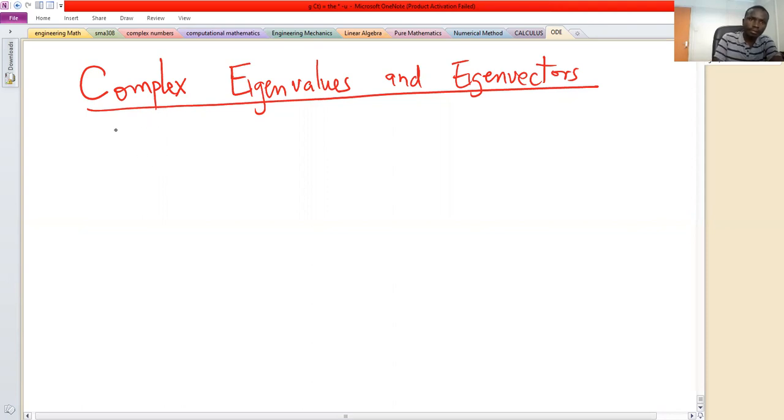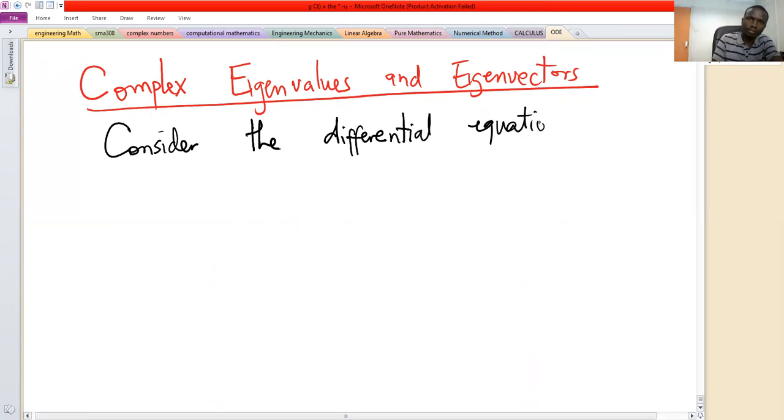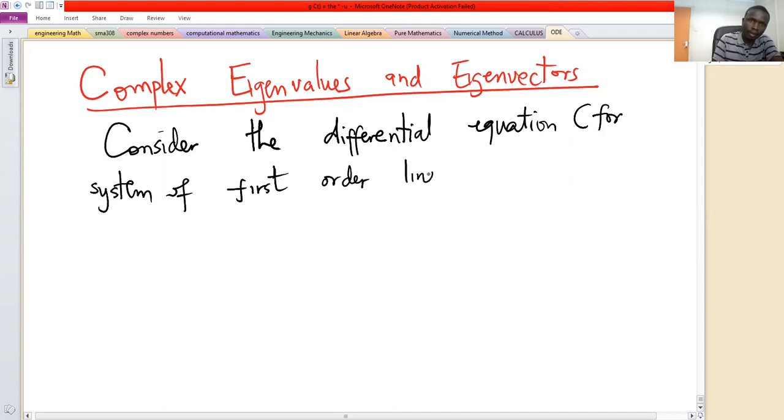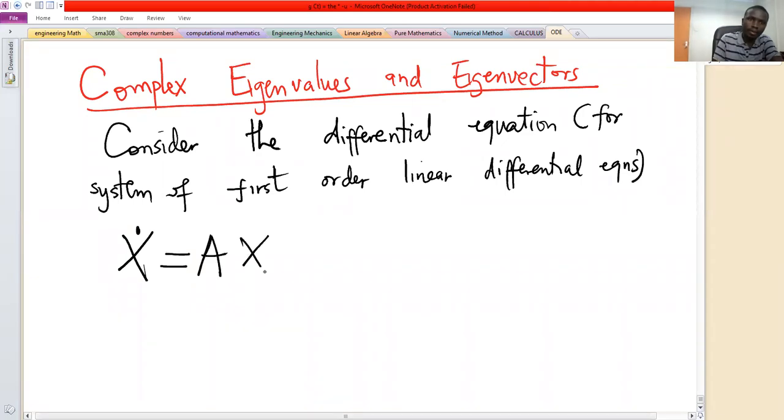So consider the differential equation for a system of first order linear differential equations, x dot equals A x.